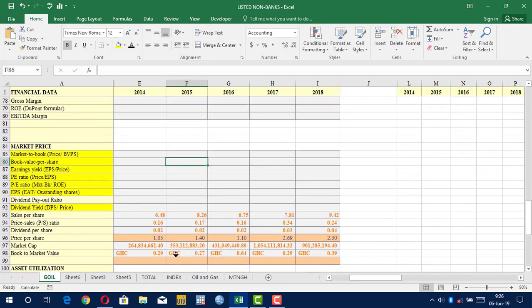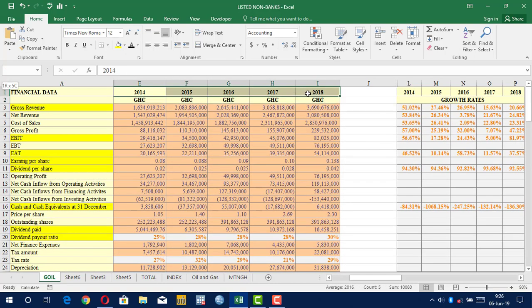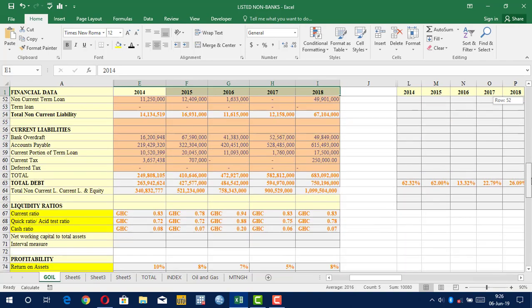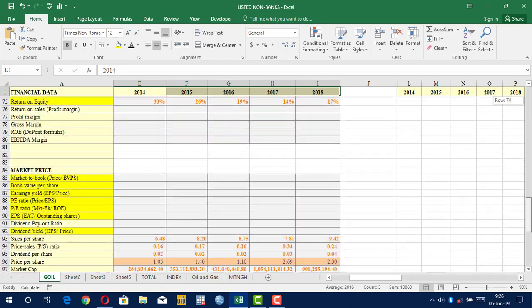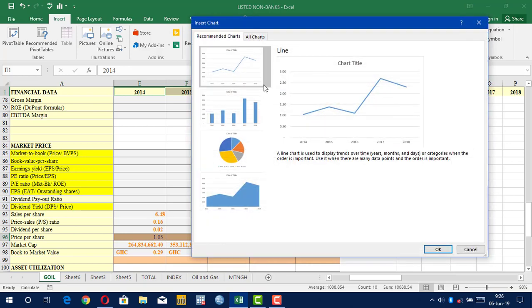Now I want to do one simple chart for us to see the trend of their share price over the 5-year period to date. I didn't calculate this. You can easily get these figures from the stock market, and then you can easily look at how the share price has been faring.